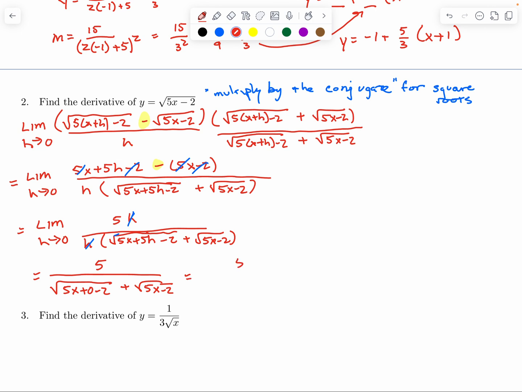So because you have plus signs on the bottom, you just multiply by 2.